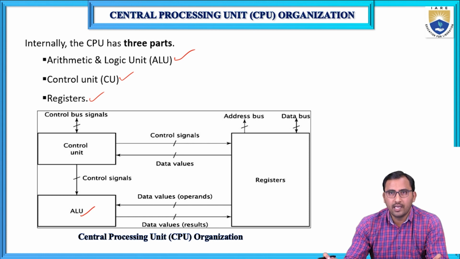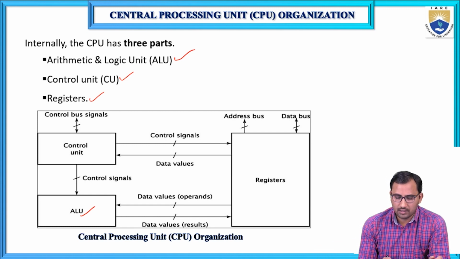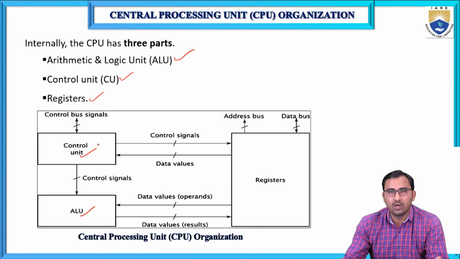The ALU performs different arithmetic and logical operations. Arithmetic operations include addition, subtraction, multiplication, division, increment, and decrement, and the logic operations include AND, OR, and XOR. The next unit is the control unit, which is part of the CPU.